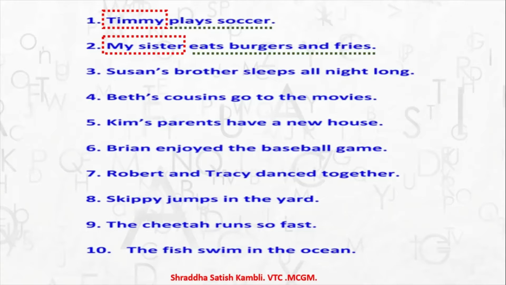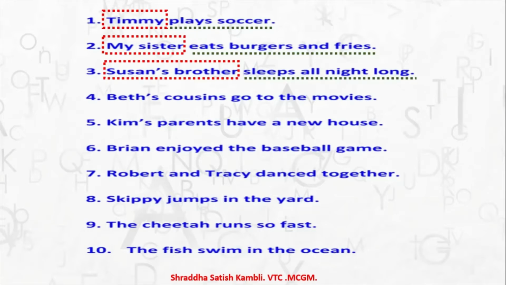Next one. Susan's brother sleeps all night. Who sleeps all night? Susan's brother. What does he do? He sleeps all night. So Susan's brother is the subject and sleeps all night is the predicate. Coming to the next sentence. Beth's cousins go to the movies.